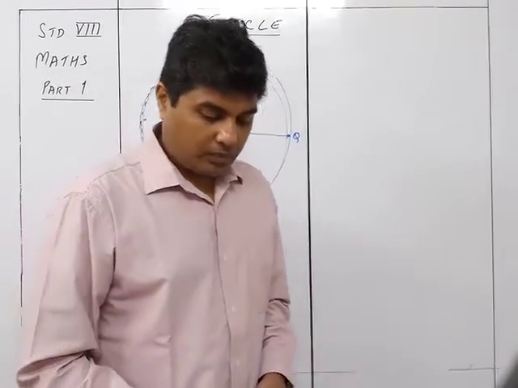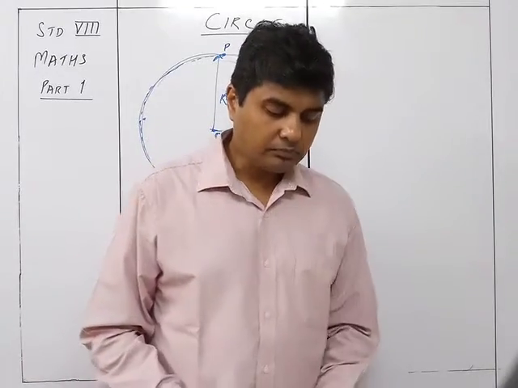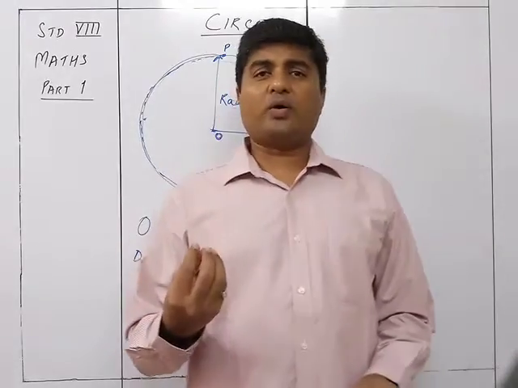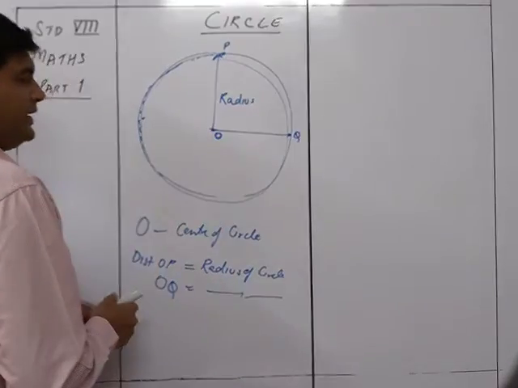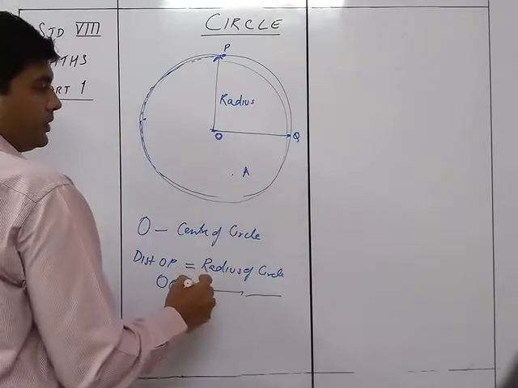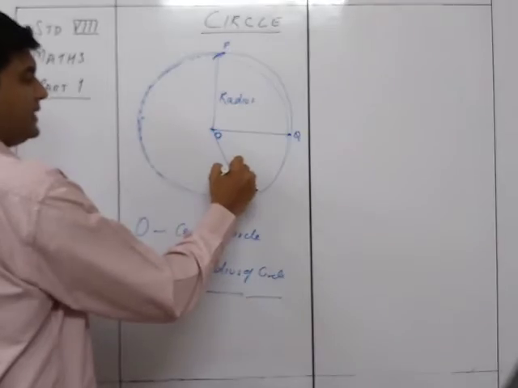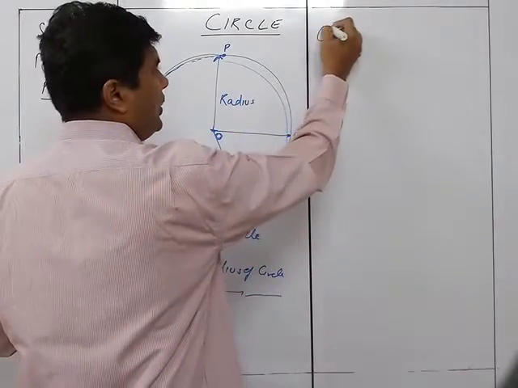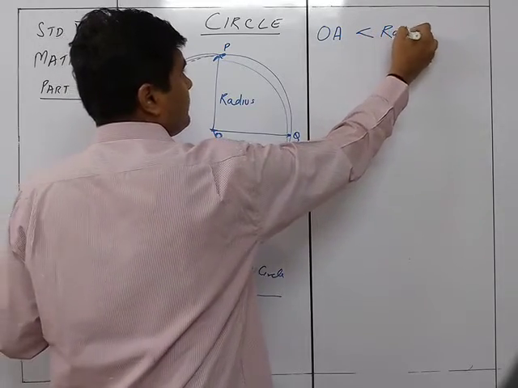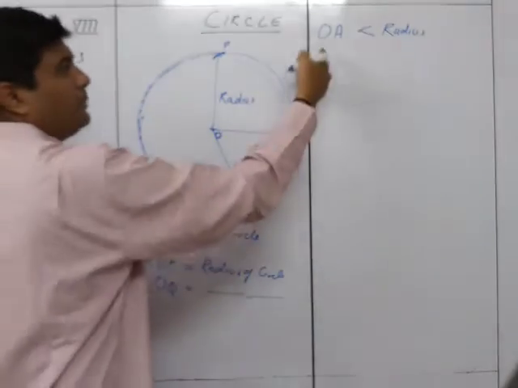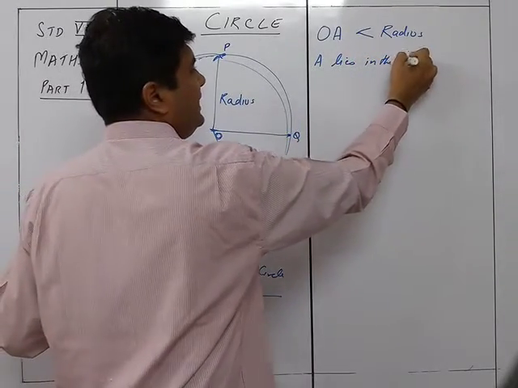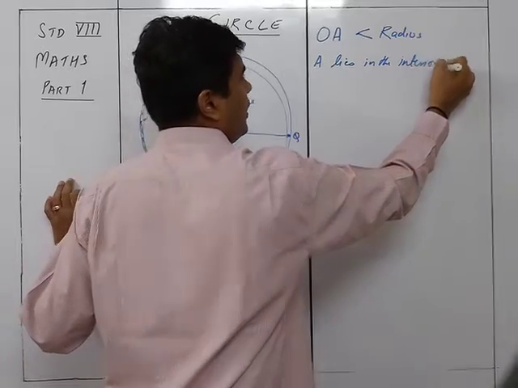Now suppose you have a point, and suppose I take a point A over here, and it so happens that the distance OA is less than the radius, then the point A lies in the interior of the circle.